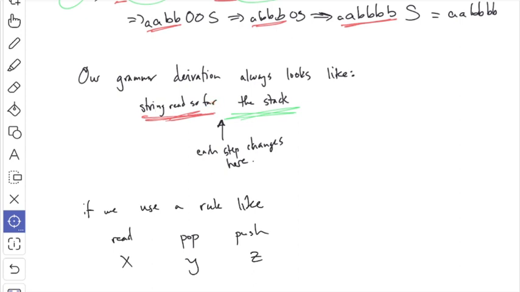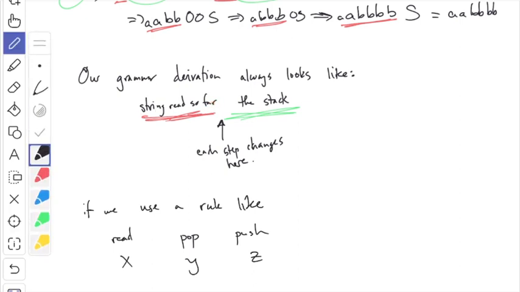So if we use a rule like this on the grammar, what happens to the green part first of all? In the stack, we should remove Y from that part and replace it with Z, right?